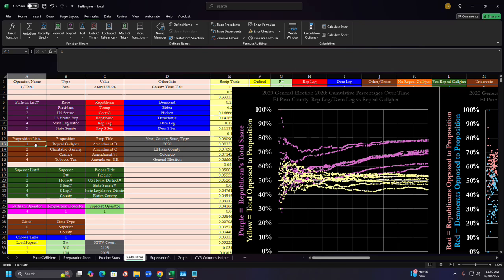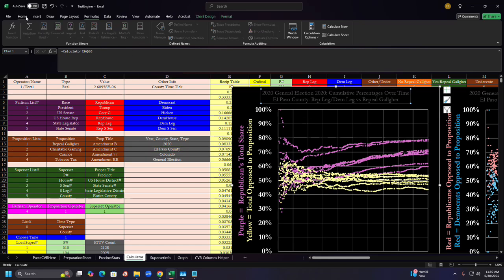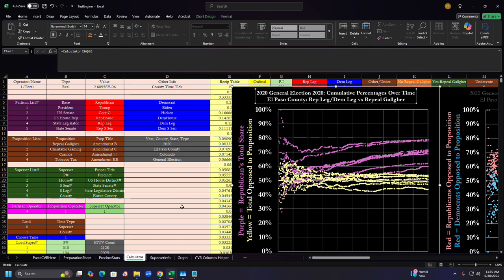We have our 4 propositions: repeal Gallagher, charitable gaming, casinos, and the tobacco tax, Amendment B, C, 77EE. You're going to put the year of the election. This is 2020. Put the county here, El Paso. Put the state here. That's Colorado.